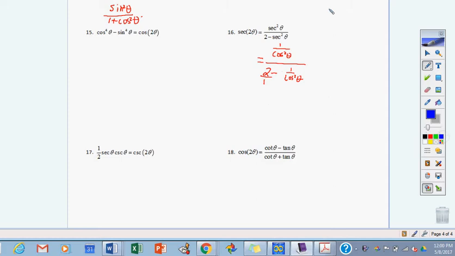So now what do I got? I've got another complex fraction, common theme here. So if I multiply top and bottom by something, I'll be able to possibly get rid of my ugly fraction. So again, the common denominator is going to be cosine squared theta this time, all over cosine squared theta. Well, here we go.